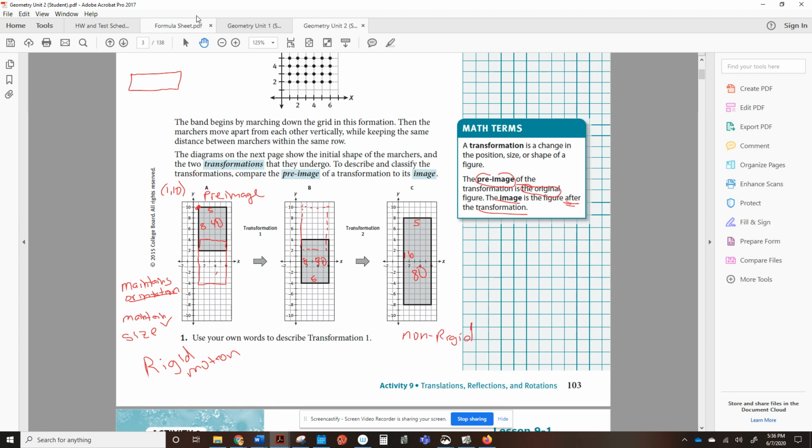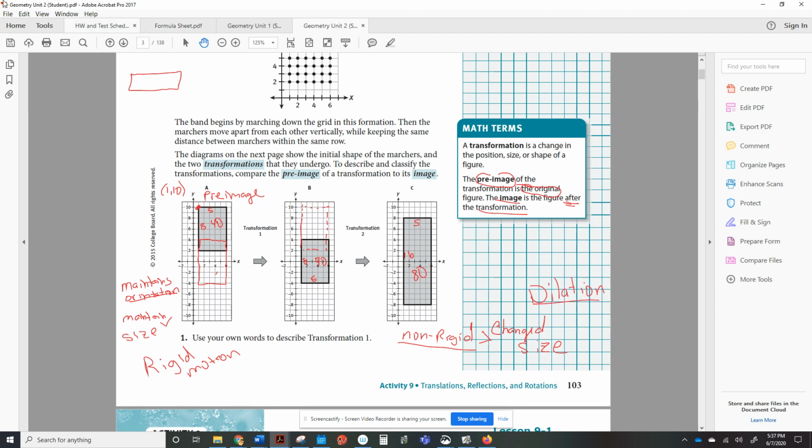And actually, in another section, we'll learn another name for this. Why is it non-rigid? Because it has a changed size. Anytime it changes size, we call it a dilation.